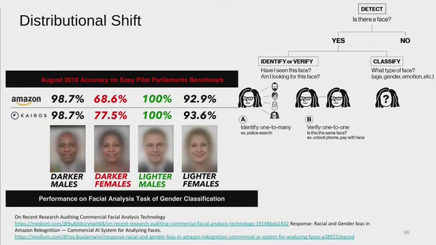It worked reasonably well if you split based on gender, for darker males. So there's a strong bias in the original data set towards males, and an even stronger one towards lighter skin. And if you combine the two, darker females was the worst performing set, likely because they were massively underrepresented in the data set.